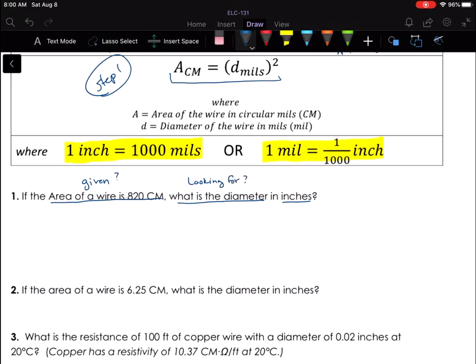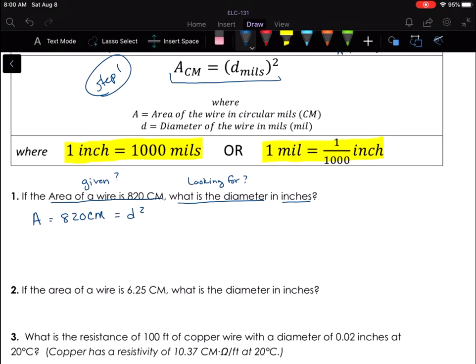Okay, given: A is 820 circular mils, and I need to look for D. But remember, area is the diameter in mils squared.